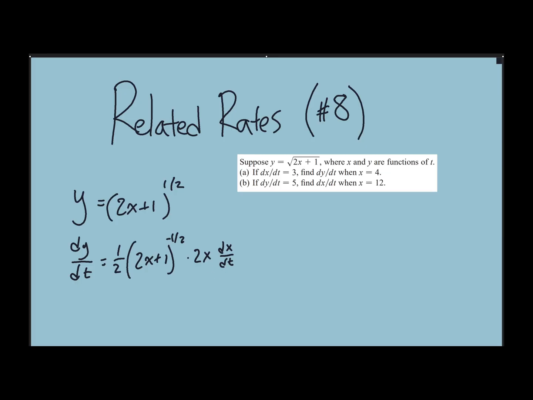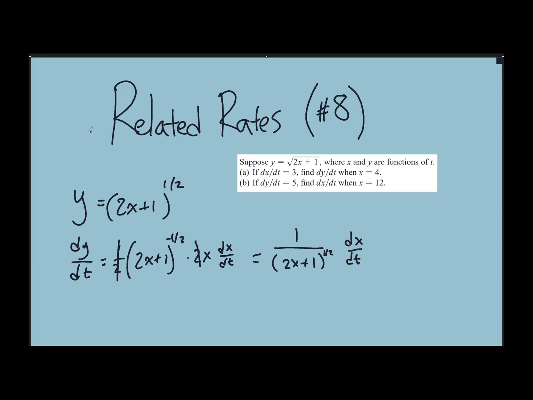So that's a dx/dt that comes alongside that stuff. And that means this 2 and this 1/2 will cancel out. So we're going to get 1 over (2x + 1) to the 1/2, or square root if you prefer, times dx/dt for dy/dt. I feel like that works.